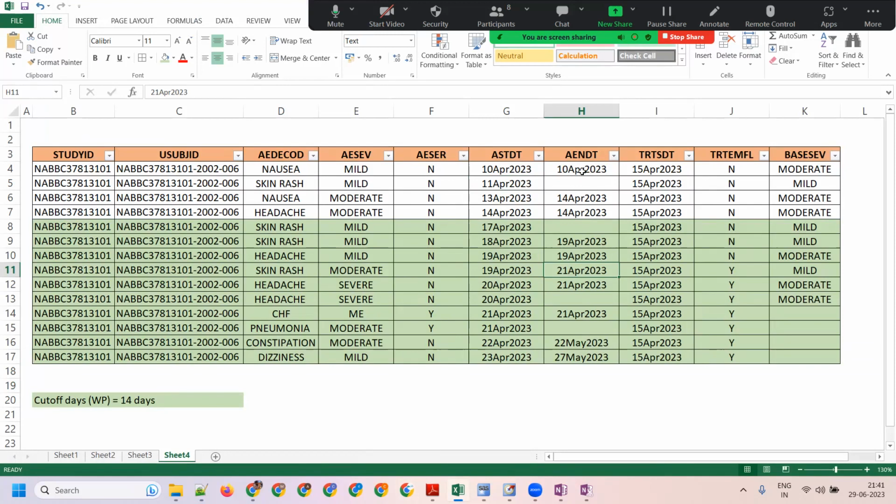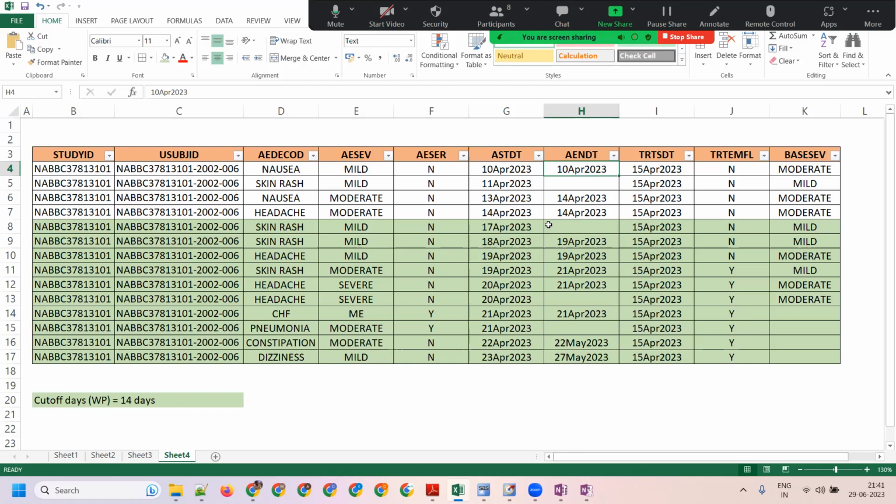Now look at this. Here I have the adverse event start date and the adverse event end date. Now I need to think about adverse event end dates. Any adverse event which happened any time after this 15 days window, I don't need to bother about that.